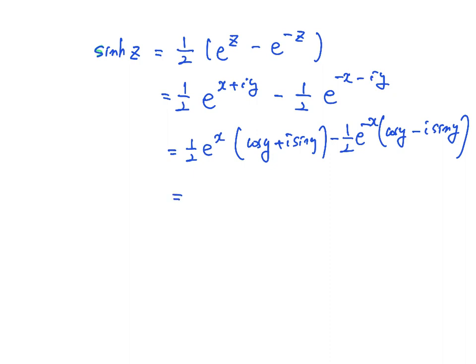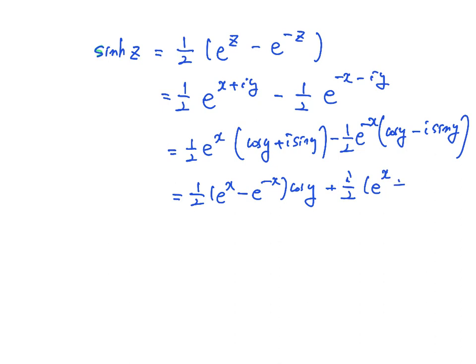So if you put them together, cosine y 1/2 exponential x minus exponential minus x, plus I/2 exponential x, and so we have minus minus, right?